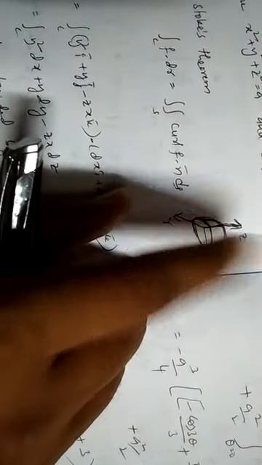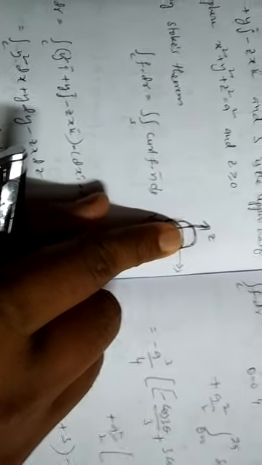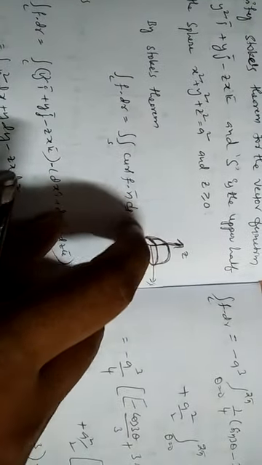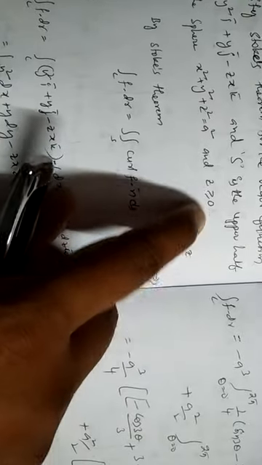Next, find n bar. Our open surface is on the xy plane and the curve we have is along positive z. We need to find n, the unit outward normal. When you take the normal along positive z, it is the inward normal, not the outward one.